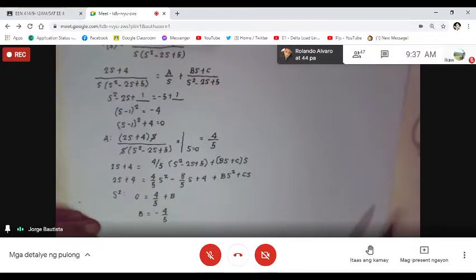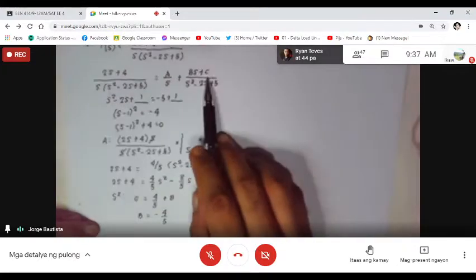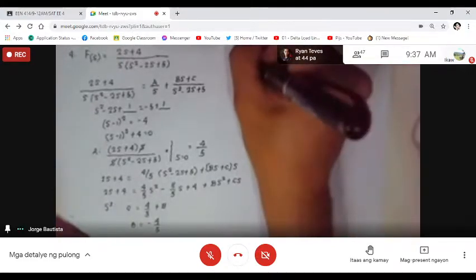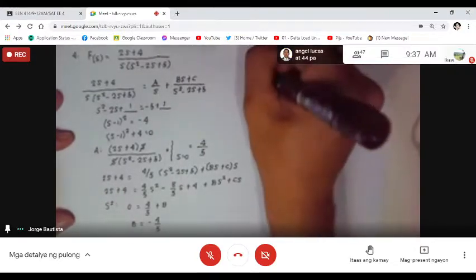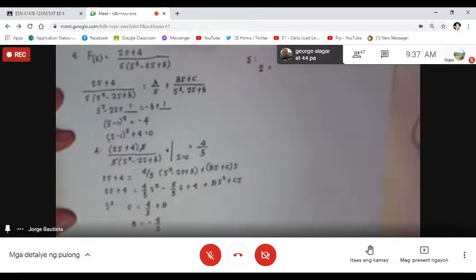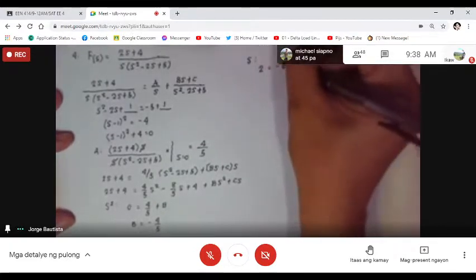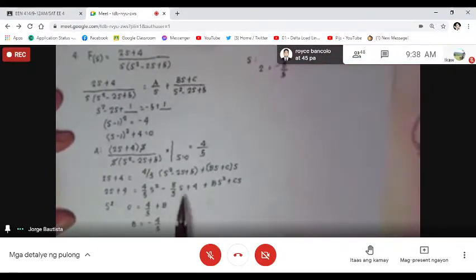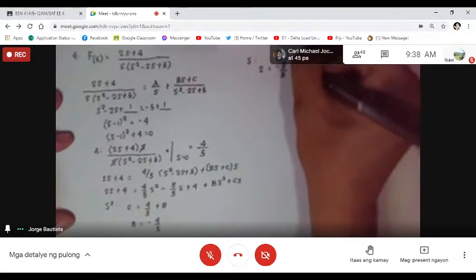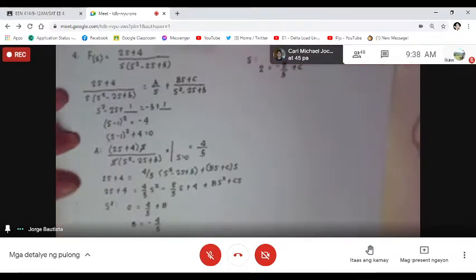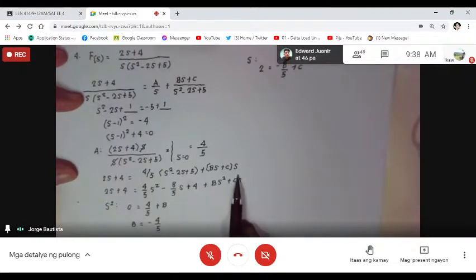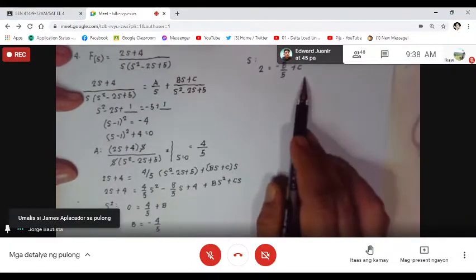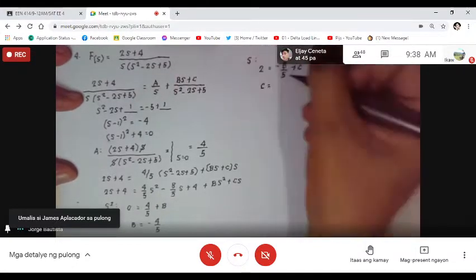How about C? Combine terms with s only. Here you have 2, that is the only one with s, then negative 8 over 5, that has s, and plus C. So 2s, negative 8 over 5 s, and Cs.